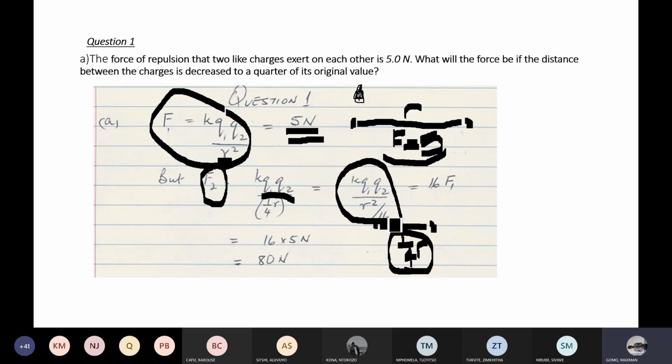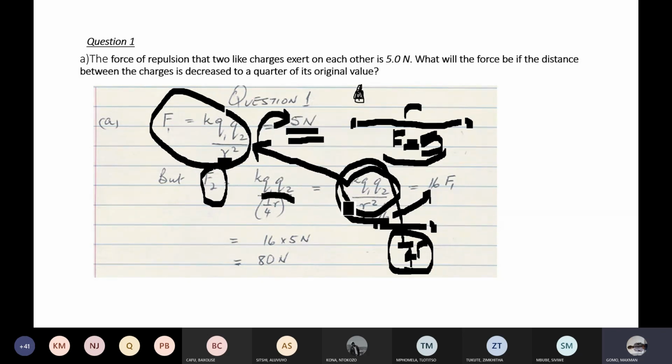Then when you get something like this, we always said that when you are dividing a fraction by a fraction, you invert. So what it means is that this 16 will end up being on top as a numerator. Then you will find out that this whole thing here is equivalent to F1, which is 5.